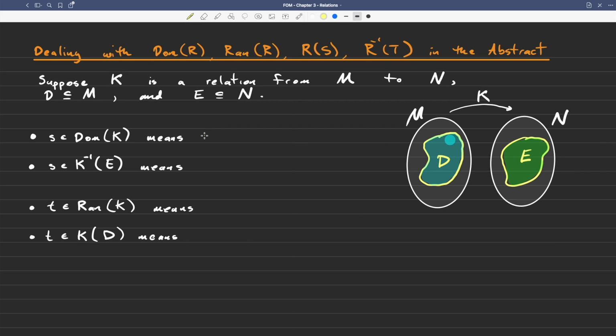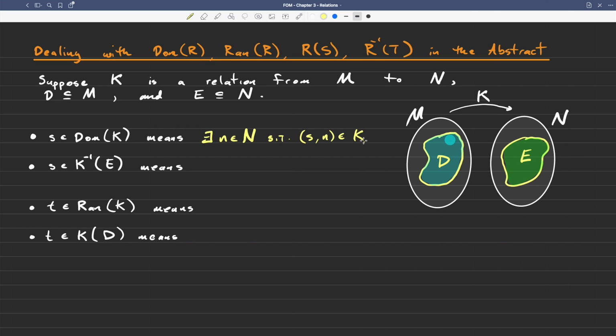So if it's a first component, that means there has to exist a second component that goes with it, right? So this means that there must exist some, and I might as well call it little n, inside of big N. So that's going to be my second component that gets paired with s, such that (s, n) is in the relation whose name is K.